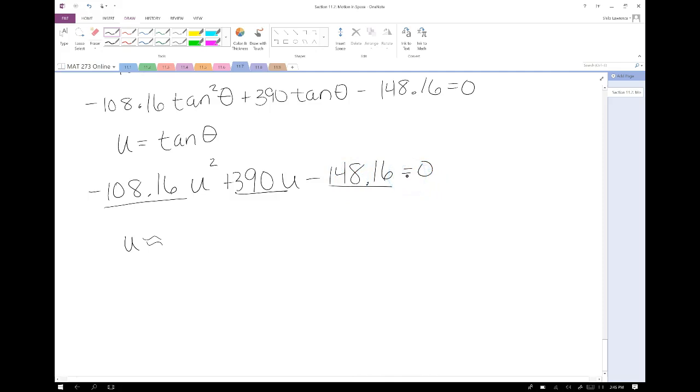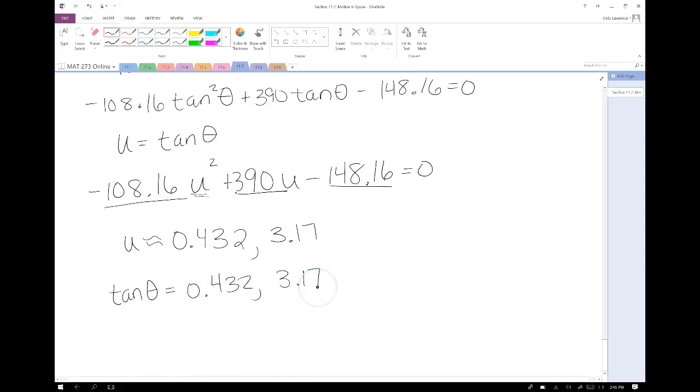So when I do this, we're solving for u here because this equation's in terms of u. I get that u is about 0.432 and 3.17. But remember, u was equal to tangent. So really, tangent is equal to these values.